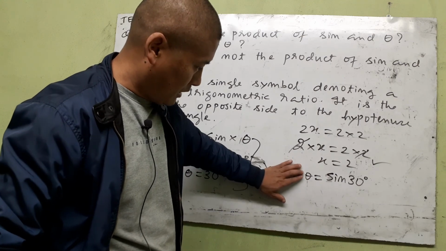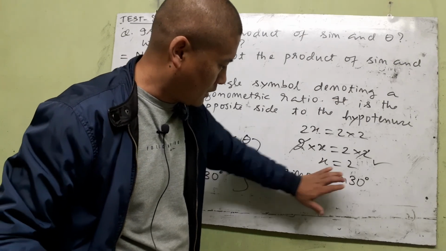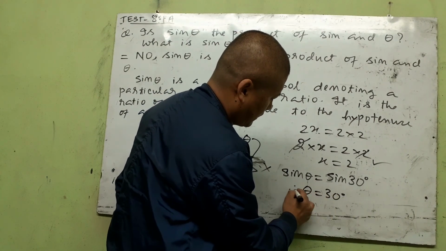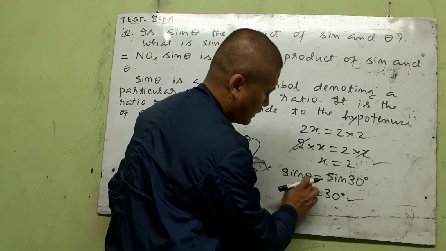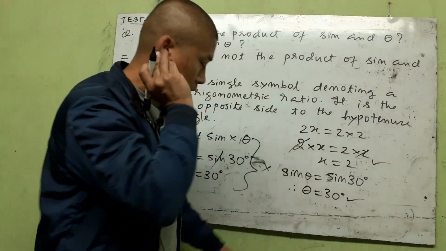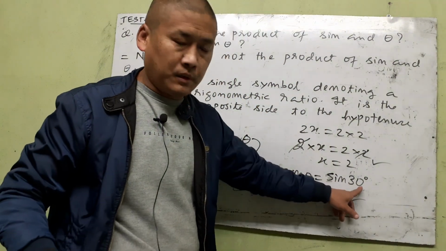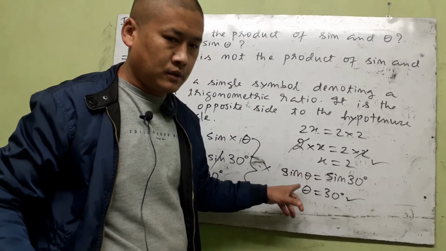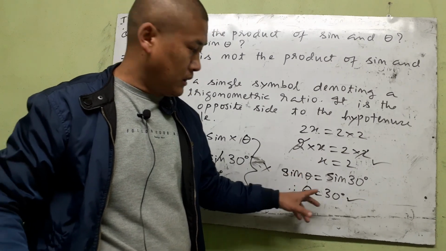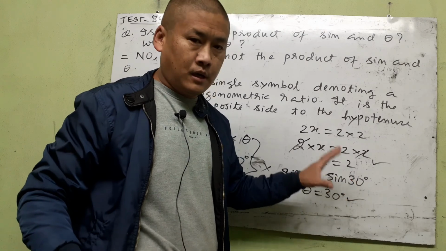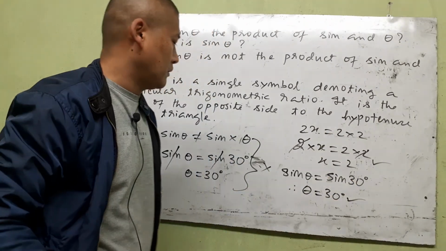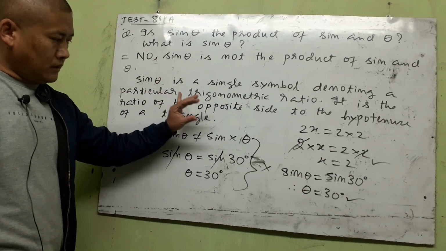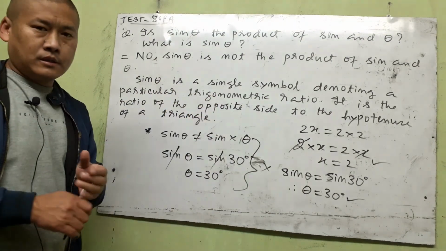So by your imagination cover up the sine and the sine and just write here theta equal to 30 degree without cancelling it, because sine and theta are not multiplied, just as sine and 30 degree are not multiplied. In fact, sine and theta separated from each other is meaningless, has no meaning. Sine and 30 degree separated has no meaning. Okay, so that's what we discussed now. That is all that we'll discuss in this class. Okay.